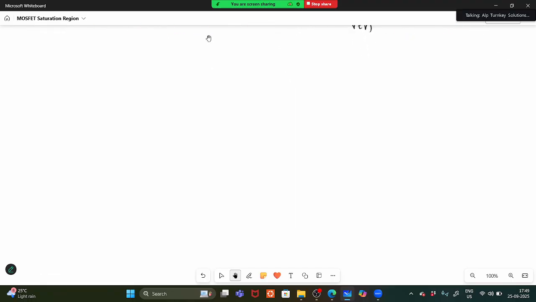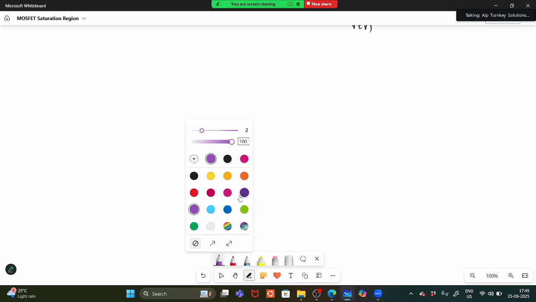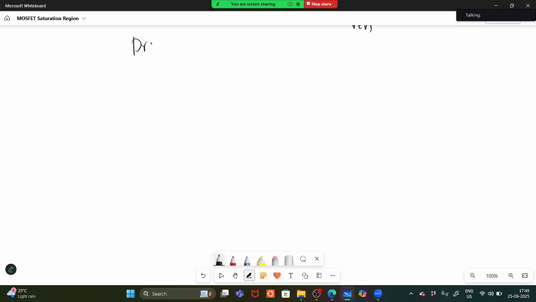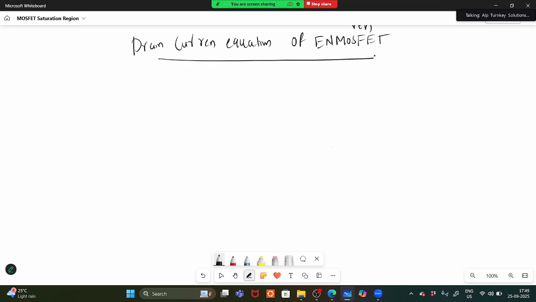Next, drain current equations in enhancement MOSFET. What are the drain current equations? Drain current equation of enhancement N MOSFET.